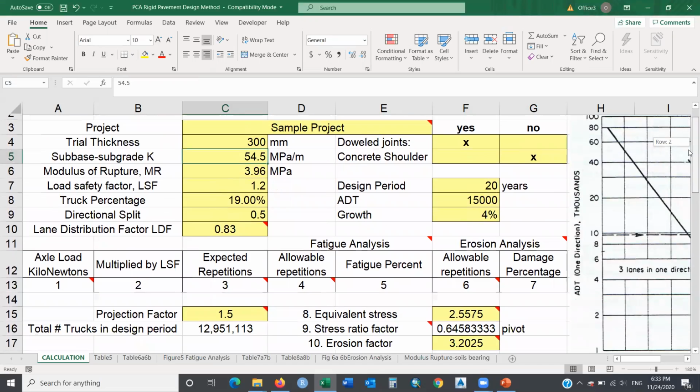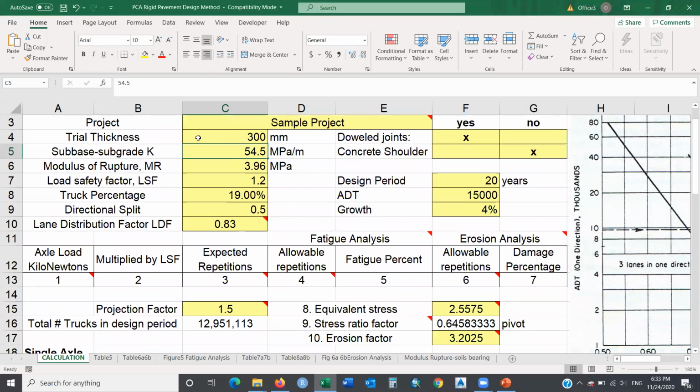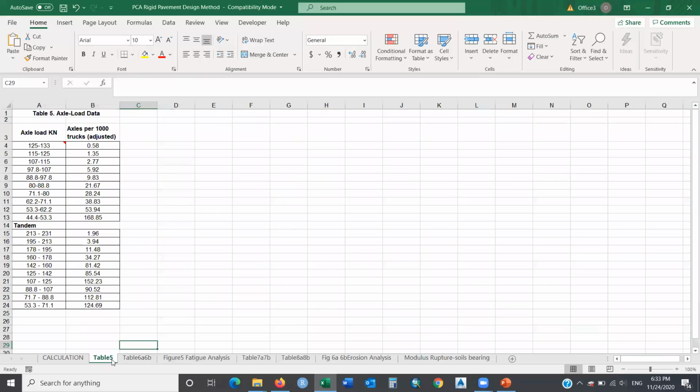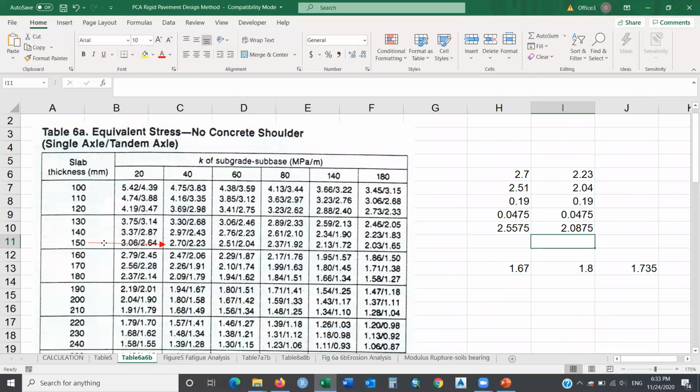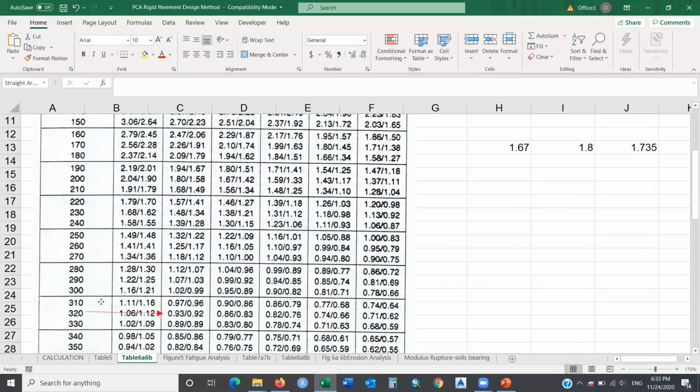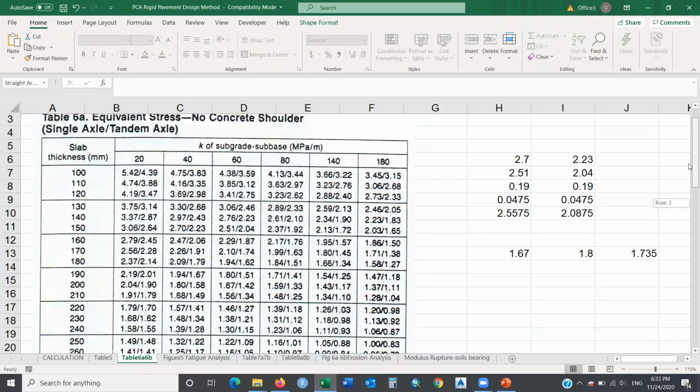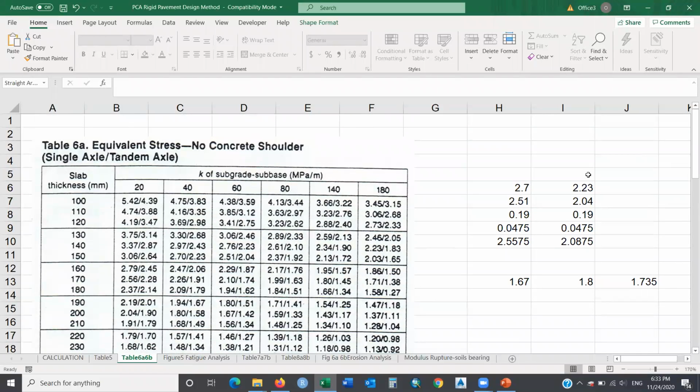So now notice. I'm going to try 300. My sub-base subgrade doesn't change. It's still the same. I go with the 300 here. This is still the same approach. I will be somewhere between 0.95 and 1.02 for equivalent stress.